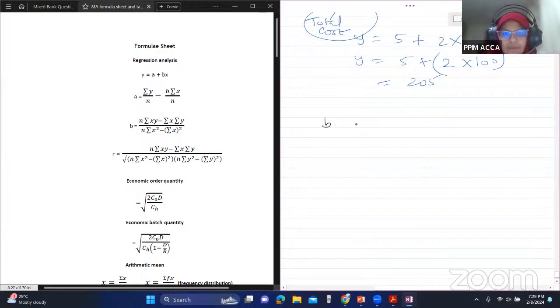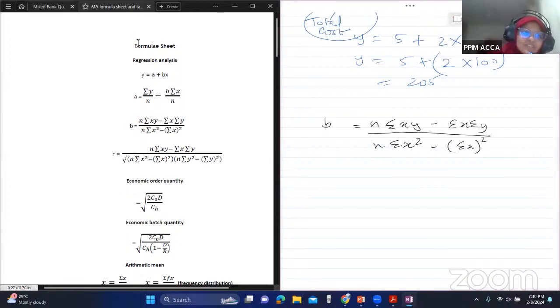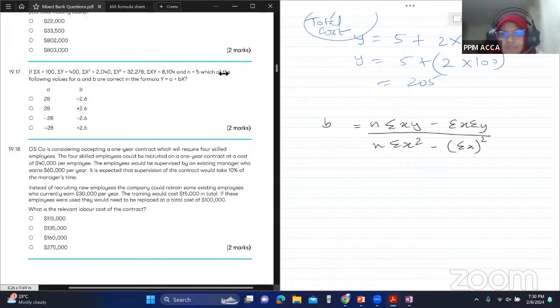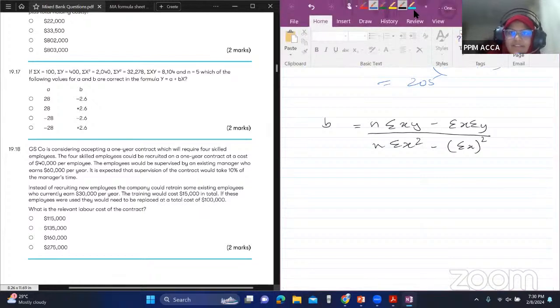So b equals n times sigma xy minus sigma x, sigma y, over n times sigma x squared minus sigma x, the whole thing squared. So this is the equation. Let's go to the question and put in the information that they have given us.